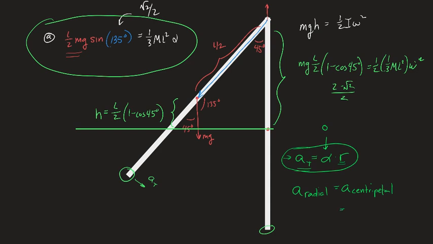So it's going to be v squared over r, or omega squared times r. And for this problem, this r and this r will be where the center of mass is. That's how we found the net force from the pivot point, or on the pivot point, yesterday. Or the day before yesterday. Is that good? Okay.